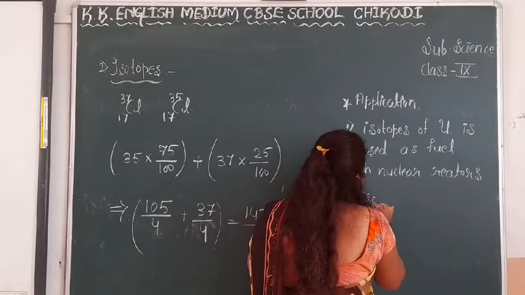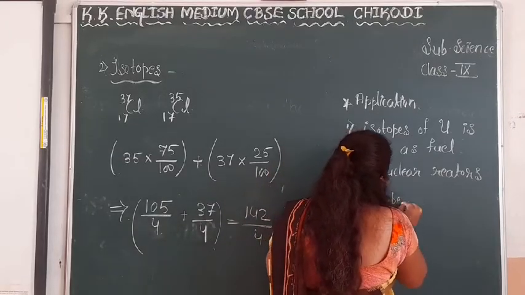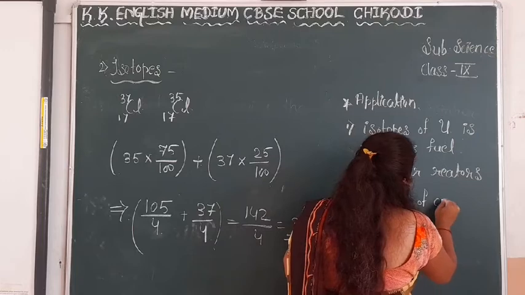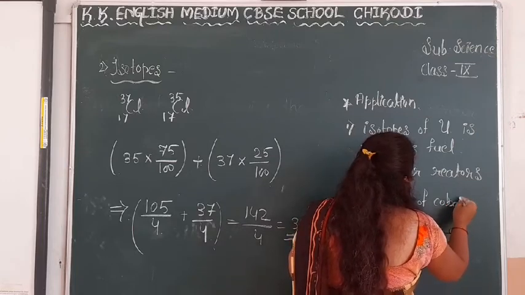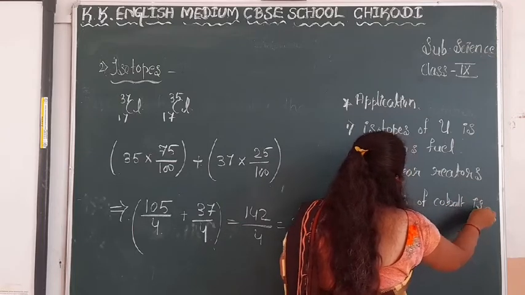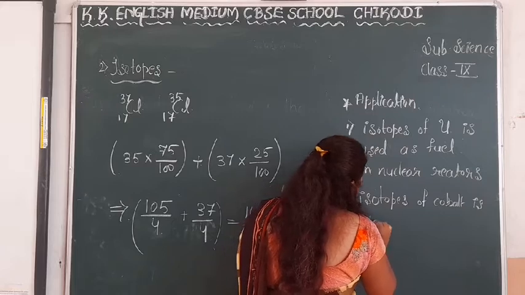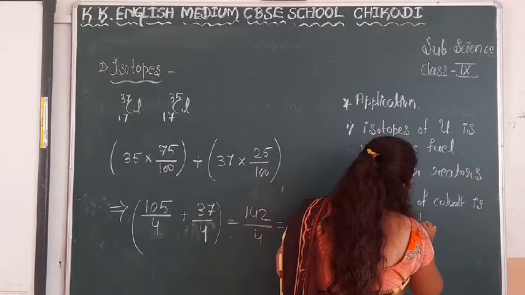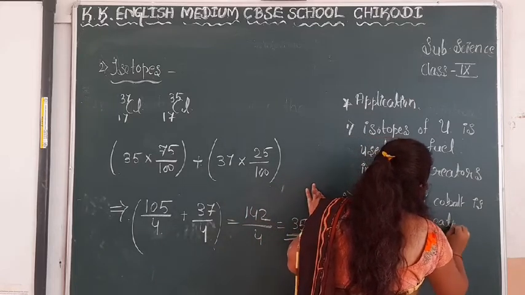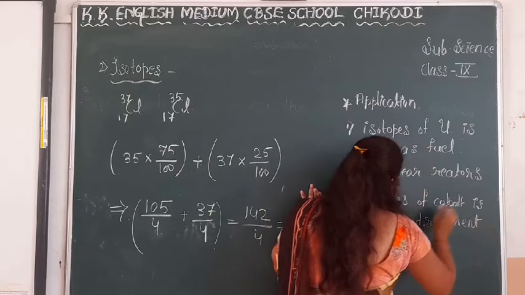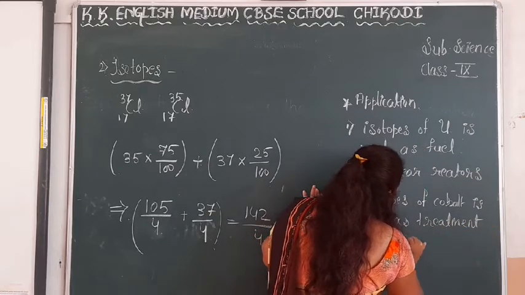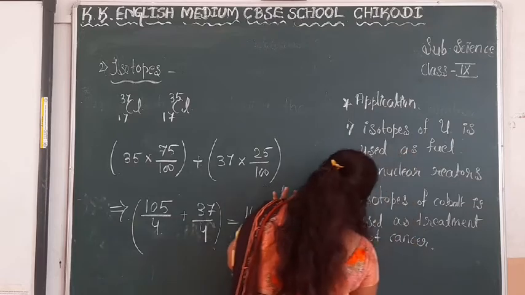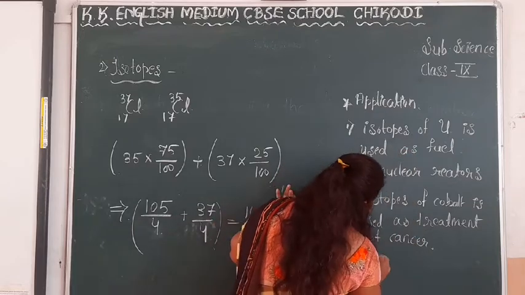Isotopes of cobalt are used in the treatment of cancer. Okay. Next is isotopes of iodine.